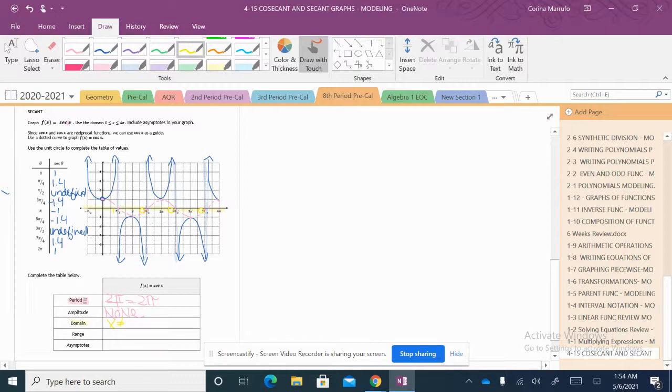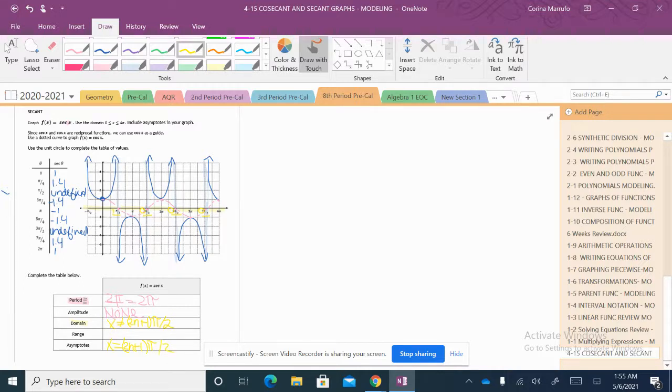The way that you write an odd number as a little equation is going to be 2n plus 1. So 2n plus 1 pi, and all of these are cut in half. It's pi halves, 3 pi halves, 5 pi halves, 7 pi halves. So we're going to take all that and put it over 2. Our domain can be any number, it just can't equal those numbers because that's where our asymptotes are. So then our asymptotes, I'm going to put here 2n plus 1 pi over 2.